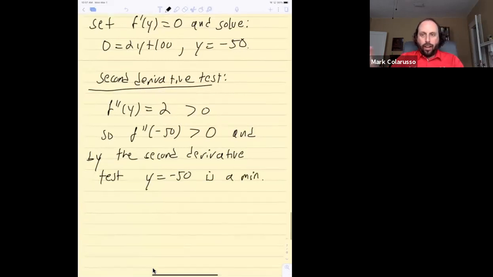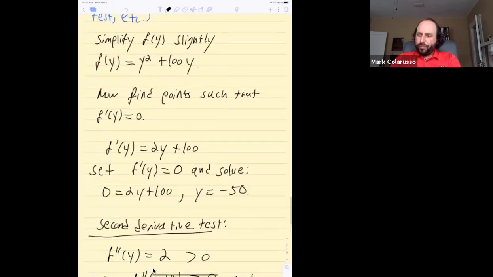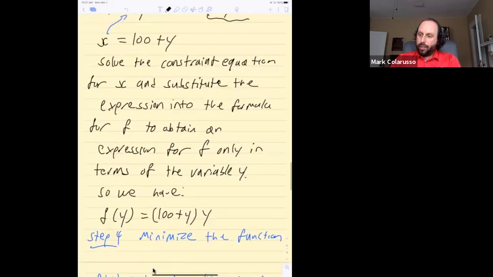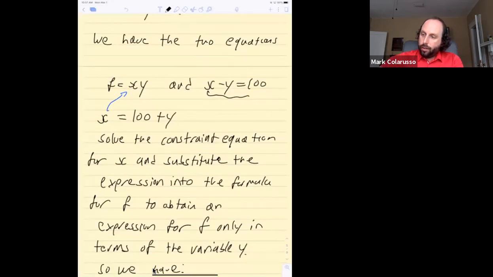Now we found the one variable and now we have to find x, because remember the question wanted 2 numbers. We're not quite done. We've done all the hard stuff, but we need to find x. So we found the y and now we need to find the x.